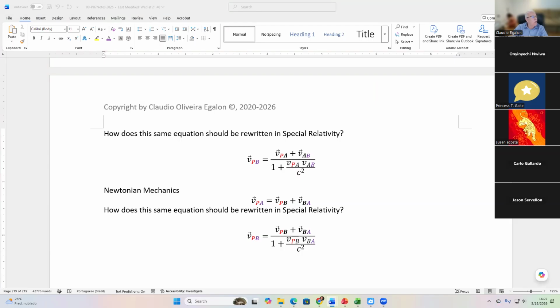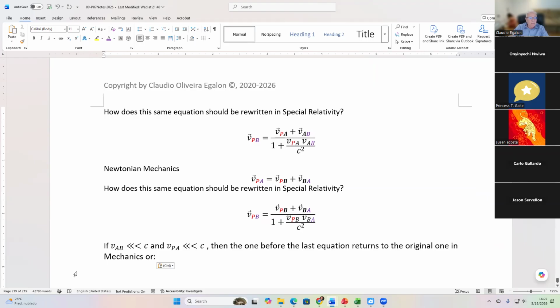Okay, just like before, if VAB is much less than C, and VPA is much less than C, then the last equation returns to the original one in mechanics.